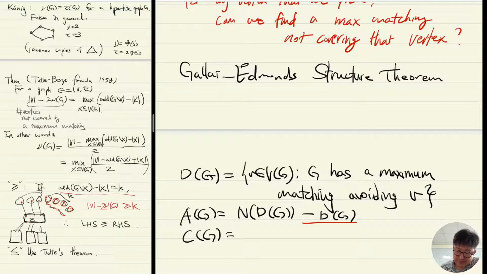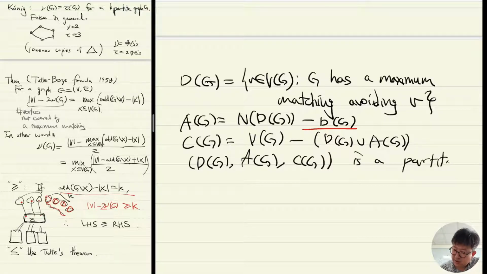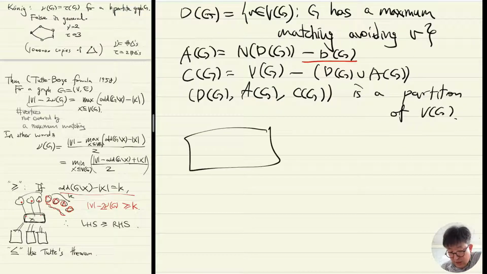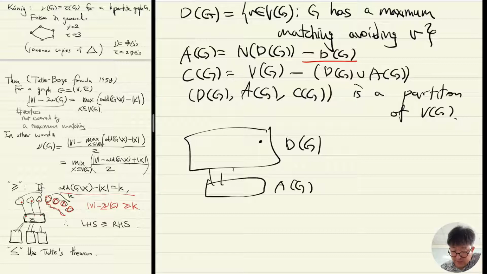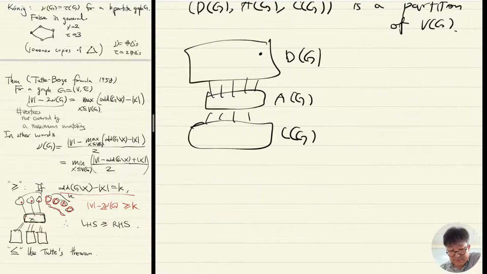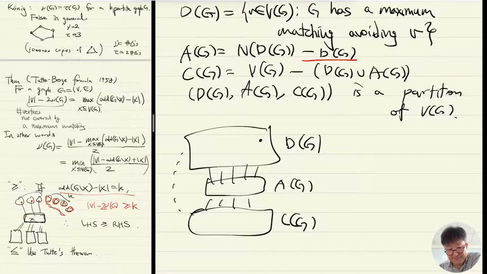And C of G is the set of vertices minus D of G and A of G. So then D of G, A of G and C of G is a partition, just by definition. So D of G are the vertices that can be avoided by some maximum matching, A of G is the set of neighbors of D of G, and C of G are the remaining. So there's no edge from D to C.